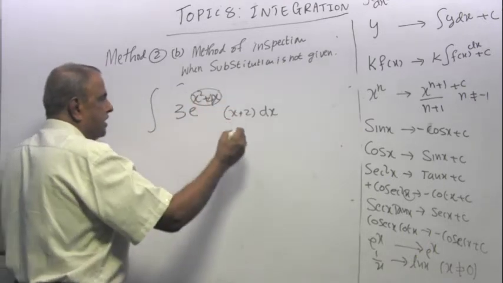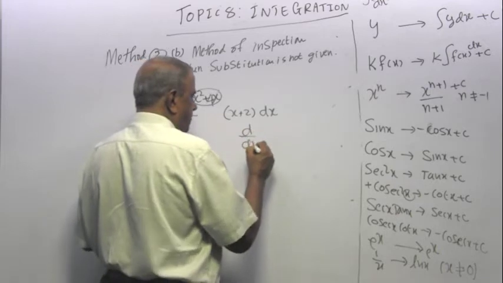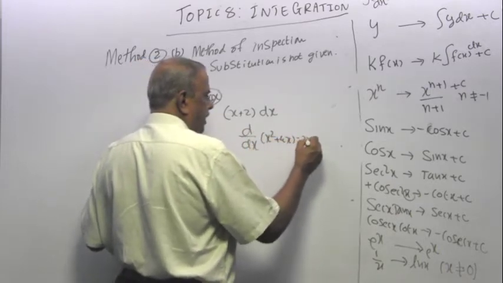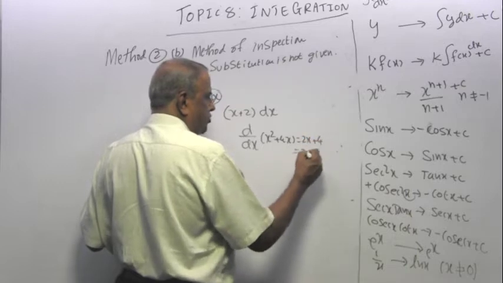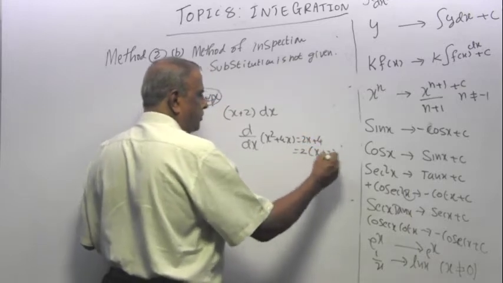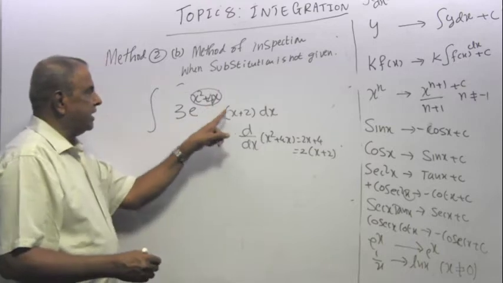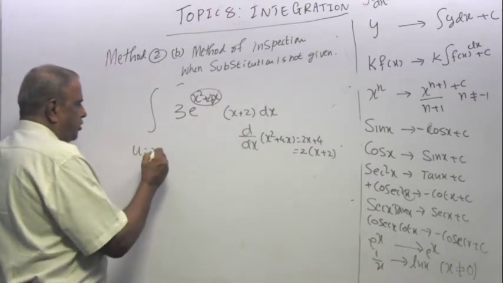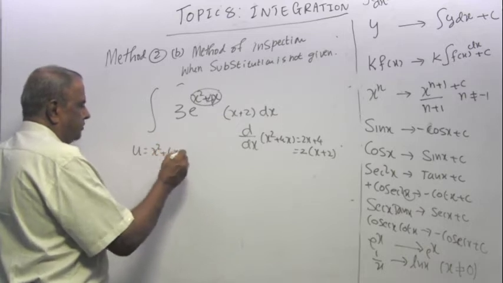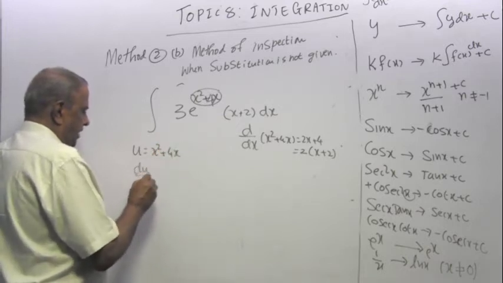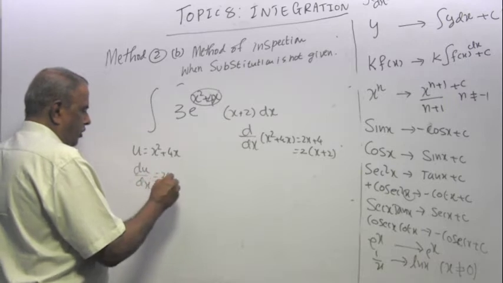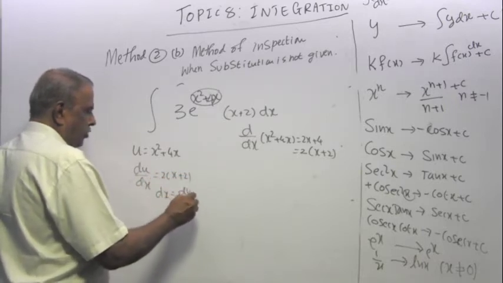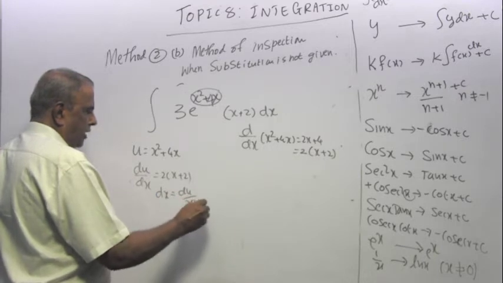When you differentiate x squared plus 4x, I get 2x plus 4, which is 2 times x plus 2. So I have a function and its derivative. So standard method, u is x squared plus 4x. So du by dx is 2 times x plus 2. So dx equals du over 2 times x plus 2.